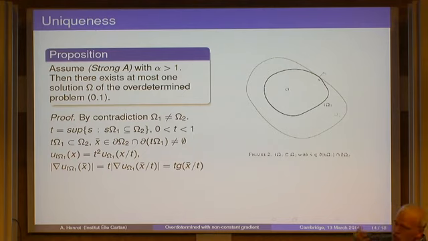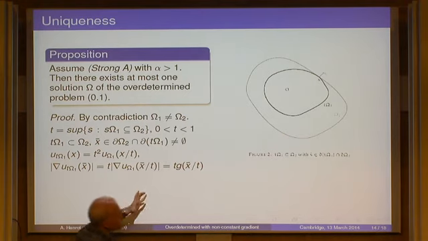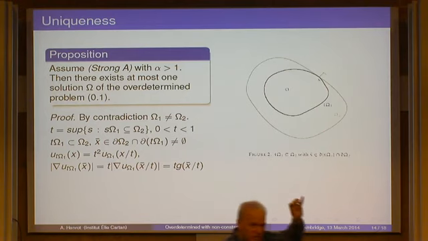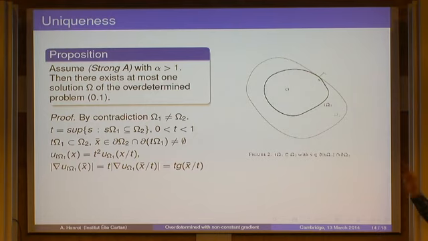So you take two solutions, omega 1 and omega 2, and you make a contraction of one of these. So for example, you contract omega 1 just to be inside omega 2, and you take the limiting value for which you have a contact point. So this is the picture. And you write down the overdetermined condition at the contact point.